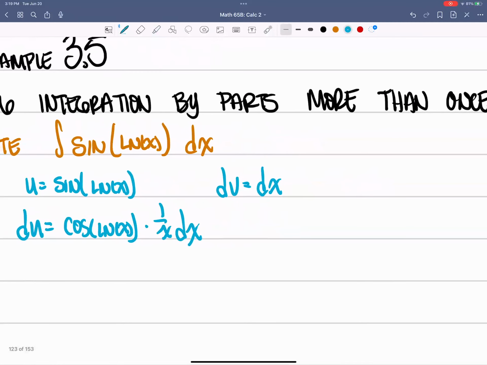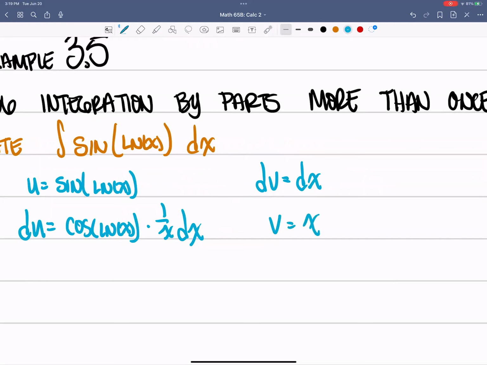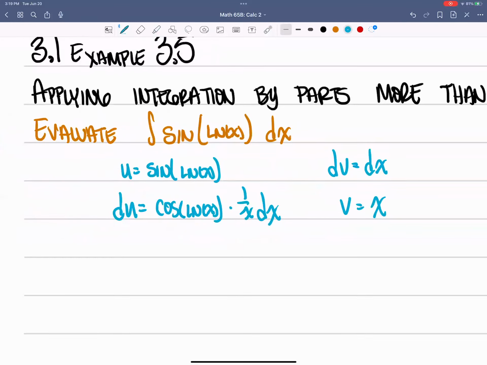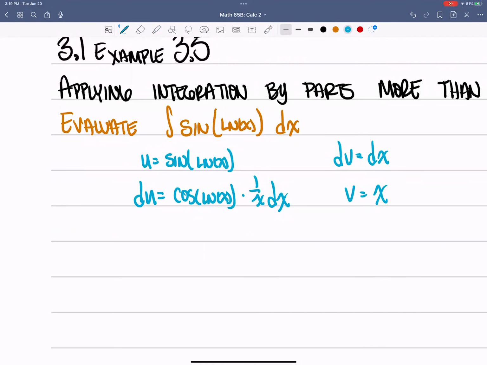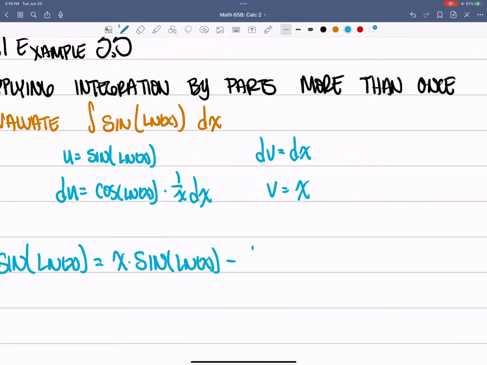Over here, the integral of dv is going to be v equals x. Pretty simple. So now let's take a look at the whole thing. The integral of sine of ln of x is equal to u times v, so x times sine of ln of x, minus the integral of v du.